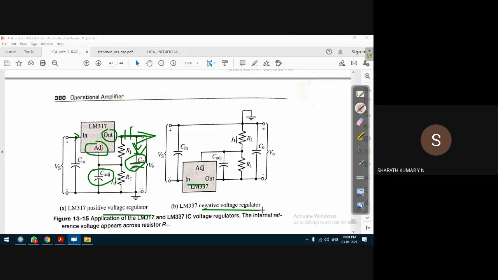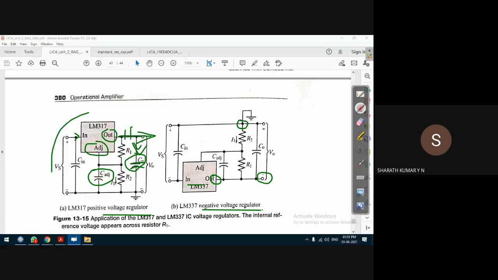For a negative voltage regulator, if you observe, the same thing is connected, but the output voltage is negative. With respect to the output terminal and the ground, this point is ground.